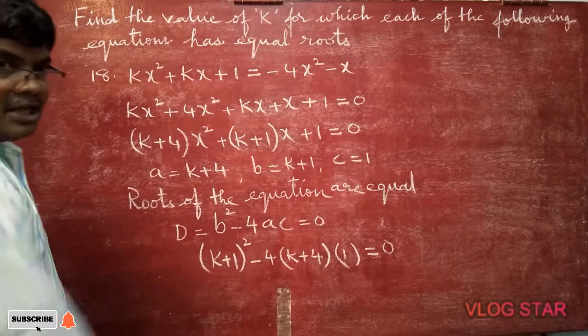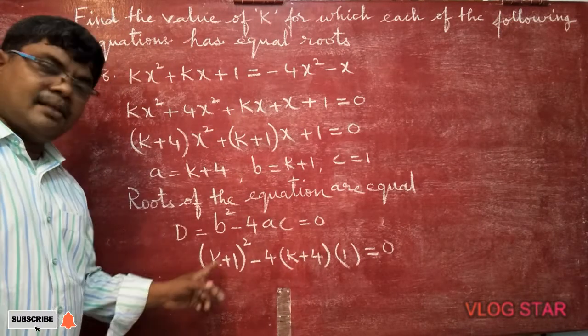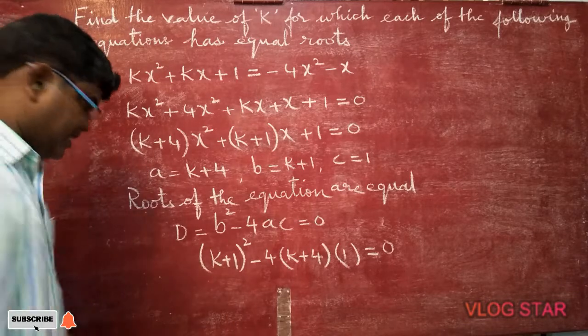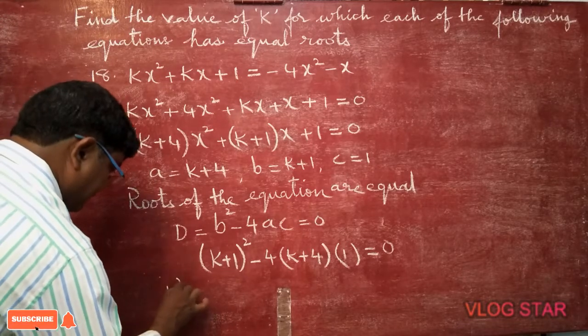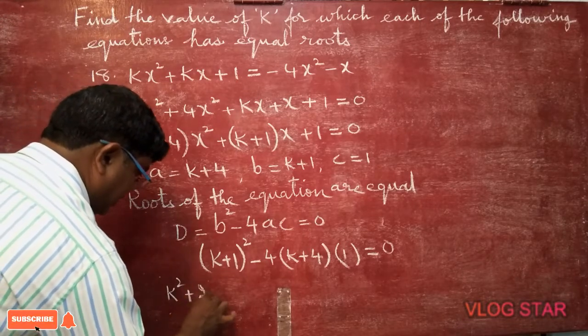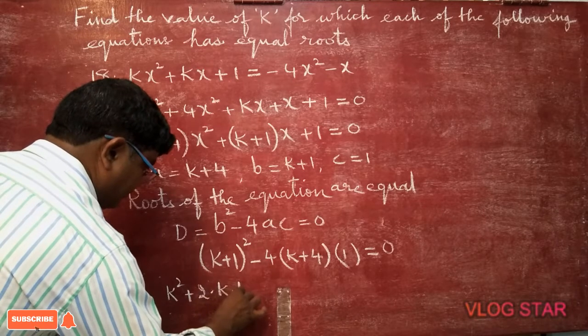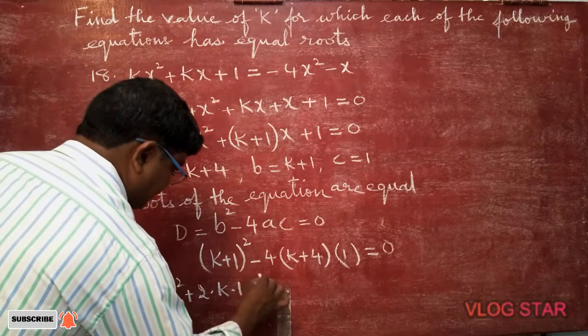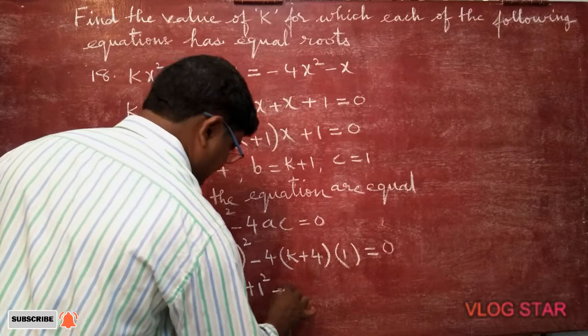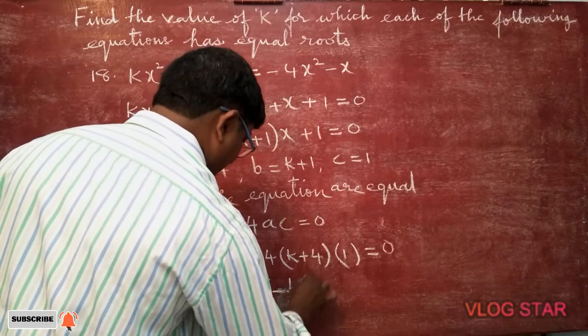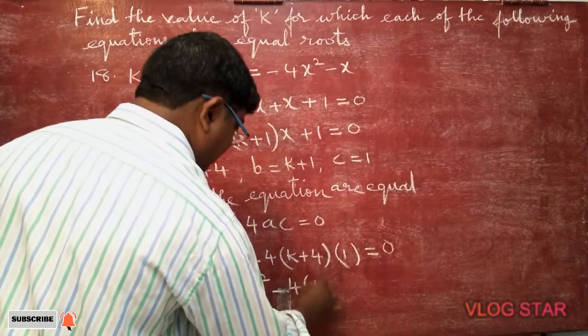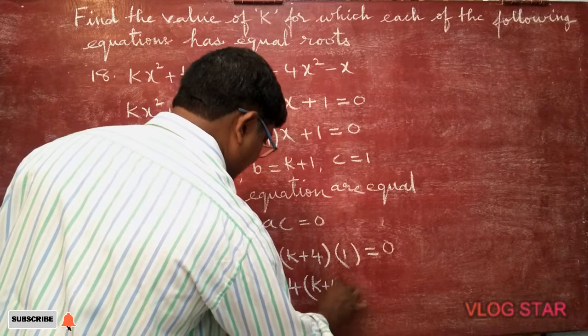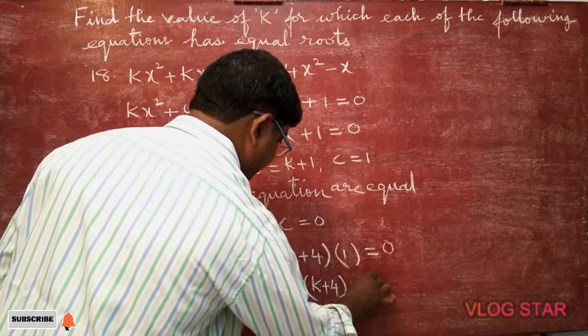Which formula? (a plus b) whole square formula: a square plus 2ab plus b square. So k square plus 2 into k into 1 plus 1 square minus 4 into (k plus 4). One table everybody knows by birth.